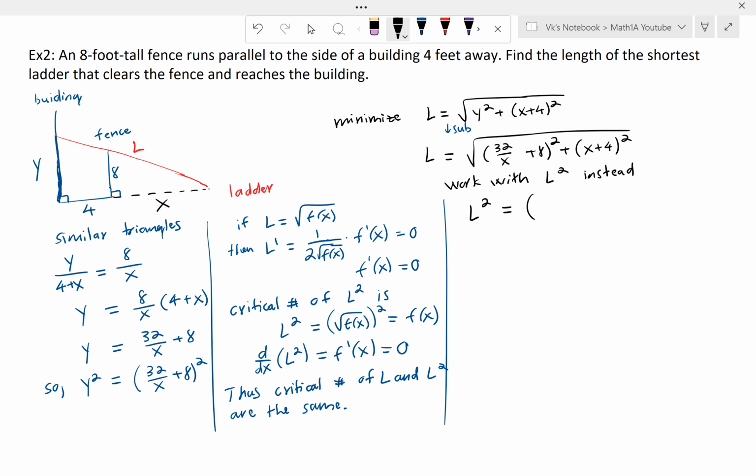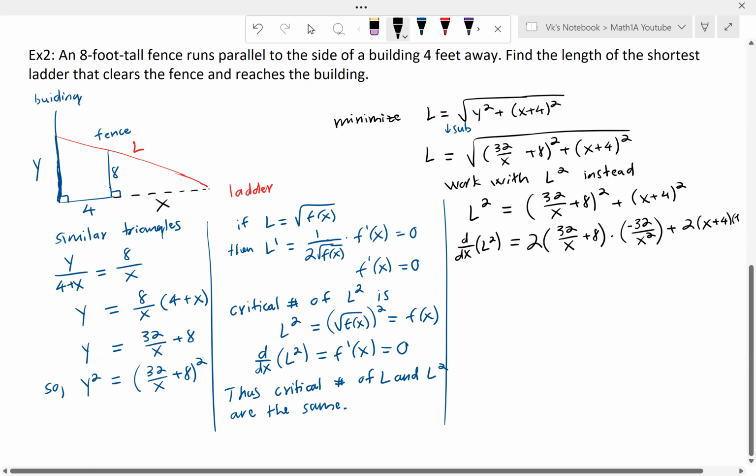L squared is (32 over x plus 8) squared plus (x plus 4) squared. The derivative of L squared is 2 times (32 over x plus 8) multiplied by the derivative of the inner function, negative 32 over x squared, plus 2 times (x plus 4) times 1, the derivative of the inner function.